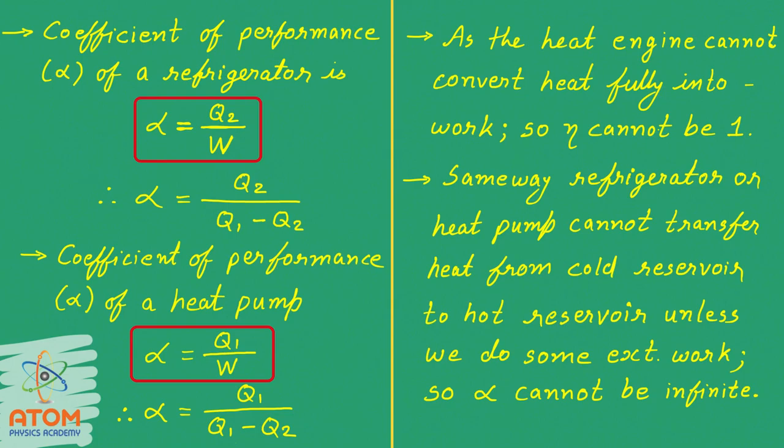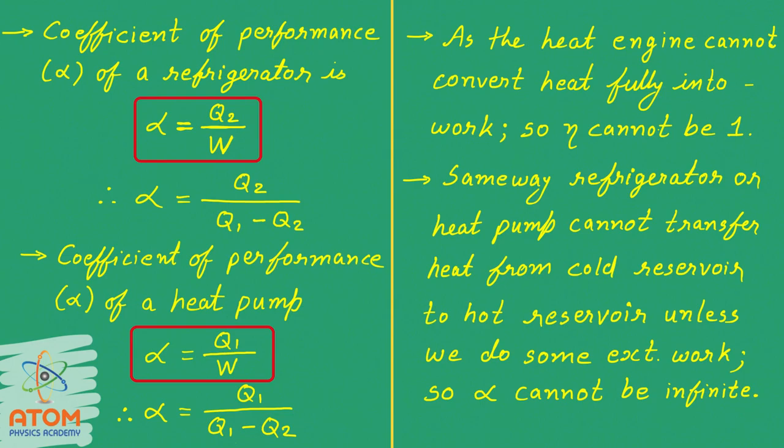So here, without doing any external work, it is not possible that heat will transfer from the cold reservoir to the hot reservoir. That means work cannot be 0. In case of a refrigerator and heat pump, work cannot be 0. And because work cannot be 0, from both of these equations we can say that alpha cannot be infinite, because only if work is 0 can alpha be infinite. So here it is mentioned that alpha cannot be infinite.